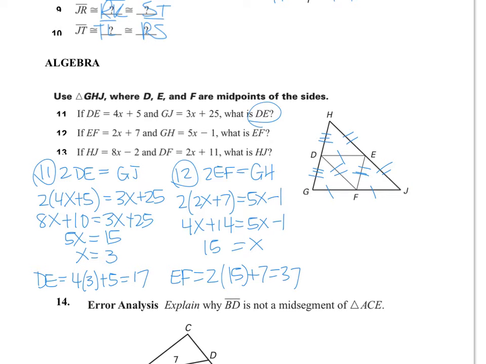And then number 13, we have HJ and DF. DF is the midsegment, so it takes 2 DFs equals HJ.